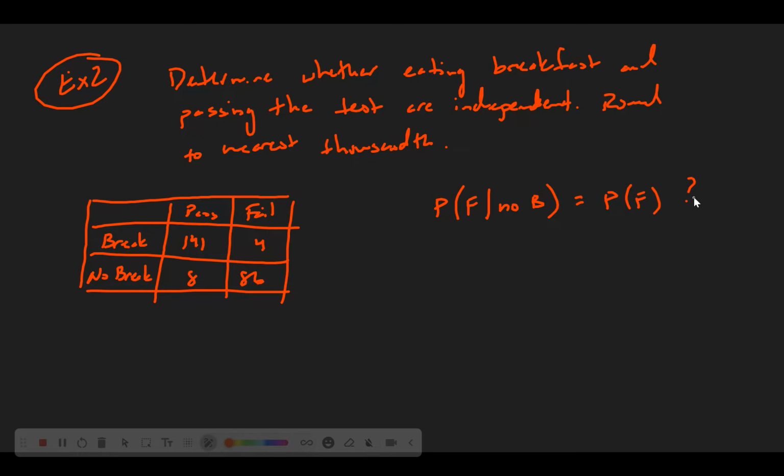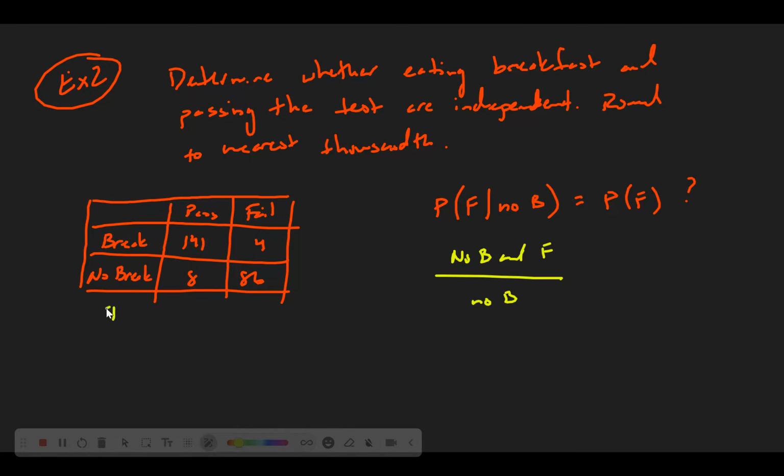To find this conditional probability of failing, given that I eat no breakfast, I need to find the number of people who ate no breakfast and failed over all those who ate no breakfast.